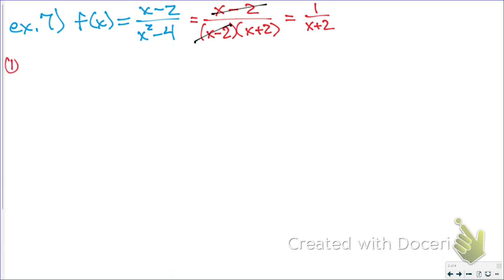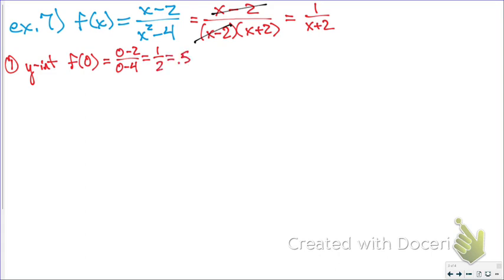So step 1, y-intercept. No real change there. You can plug into the blue thing or the red thing and you'll get the same result. I'm going to plug into the blue one. And we end up with 1/2 or 0.5.